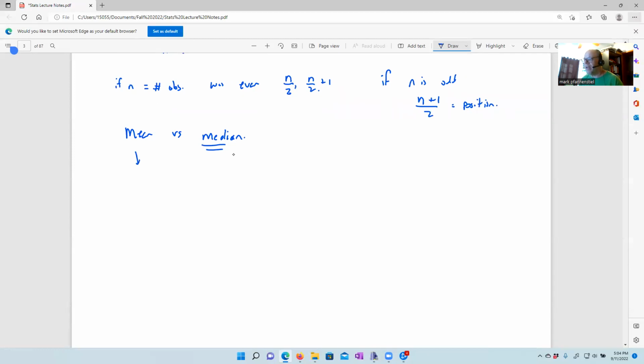Mean's still good, but if you have measurements that are really far away from each other, you can get an inflated mean. Maybe you have a whole bunch of salaries like this, and then the CEO of the company. I'm not putting numbers on here on purpose. Maybe somebody doesn't make very much and somebody makes a whole heck of a lot. You don't want to average these together and use that as your measure of center.